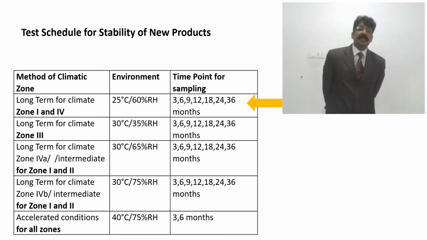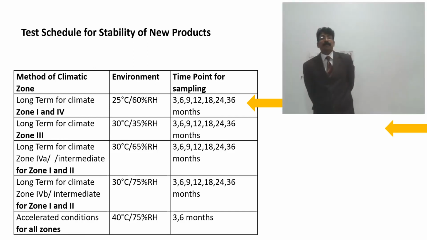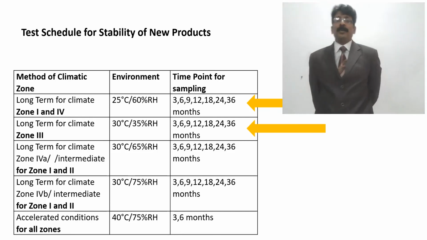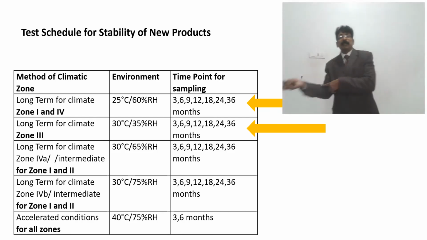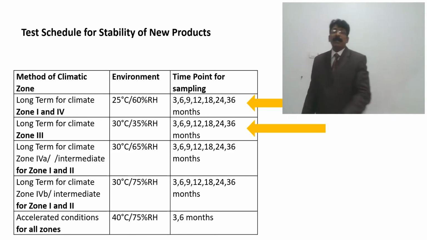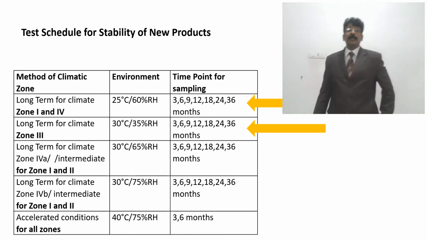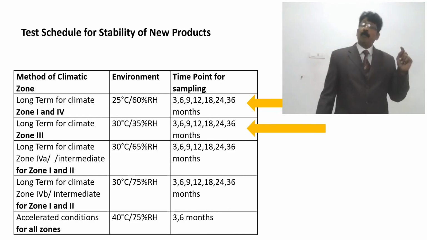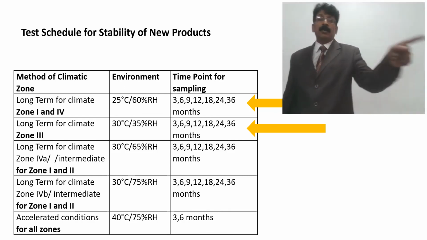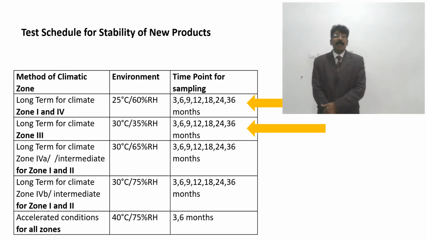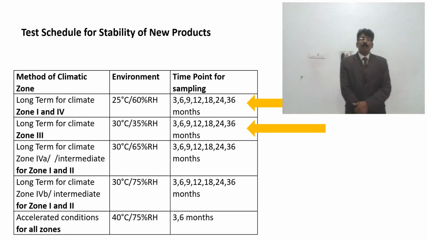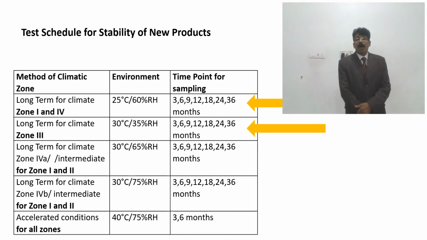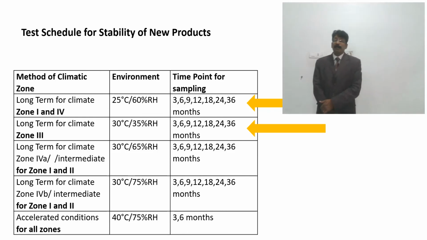And long term testing for zone 3, you have to go for 30 degrees centigrade and 35 relative humidity, with 3 months, 6 months, 9 months, 12 months, 18, 24 and 36. And long term climate zone 4A, which I have shown in the previous slide, is 30 degrees centigrade, with 3, 6, 9, 12, 18, 24 month intervals to be done for the testing.